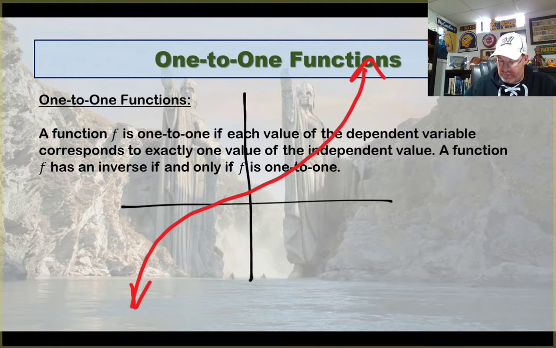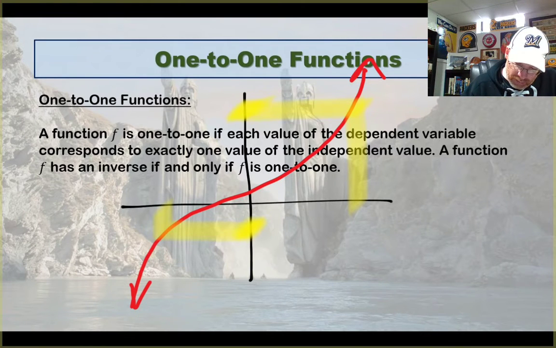Okay, every single dependent value has only one independent value associated with it. So when I pick this y right there, it's associated with one x. If I pick this one here, it's associated with one x. That is a one-to-one function.